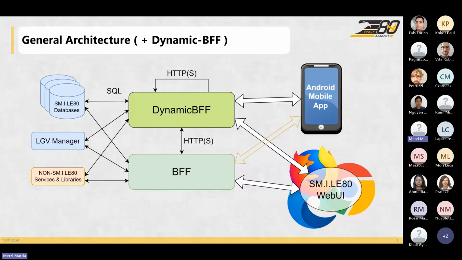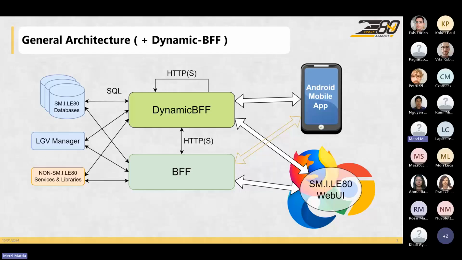On the left side, as you can see, the Dynamic-BFF is perfectly equal to the current BFF. That means that it uses the same databases and interacts with the LGV manager via WCF. And there is the possibility to integrate non-Smile 80 libraries.